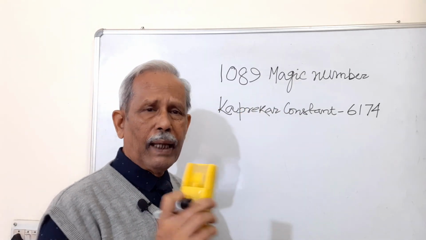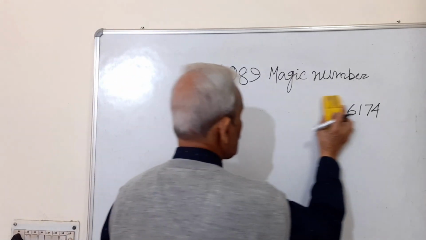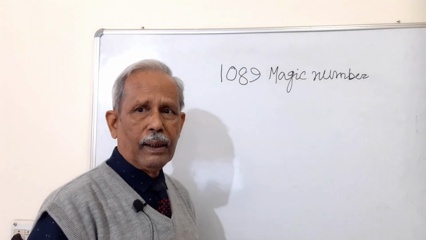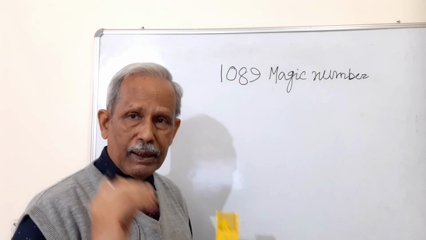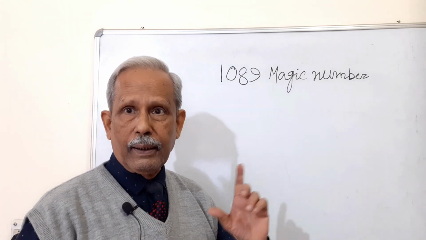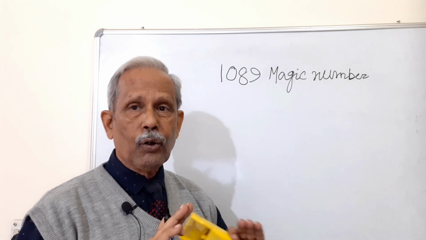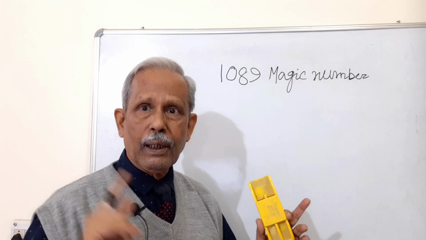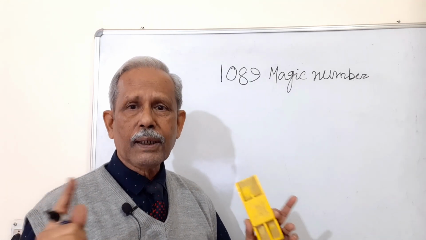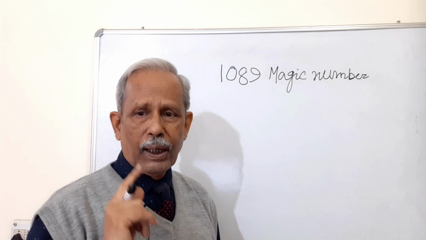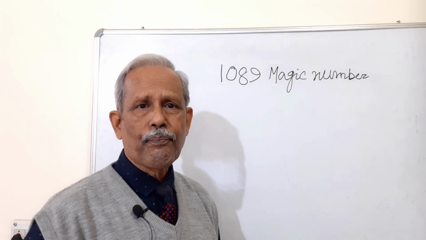It works with any three-digit number. The first one, the 1089 magic number, starts with any three-digit number, provided the digits are not all the same, and the first and the last digits are different from each other. So you can see the steps carefully, one after the other.